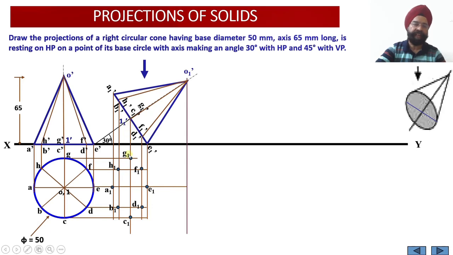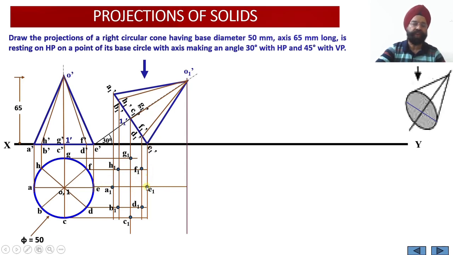Similarly, through C1 dash, draw the vertical projector. Through C, draw the horizontal projector. Intersection gives you point C1. Through D1 dash, again draw the vertical projector. Through D, draw the horizontal projector. Intersection gives you D1.